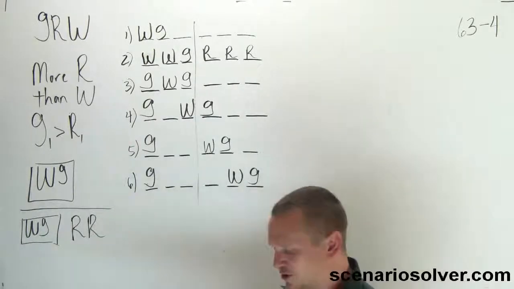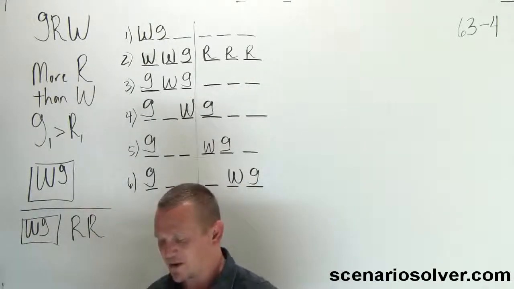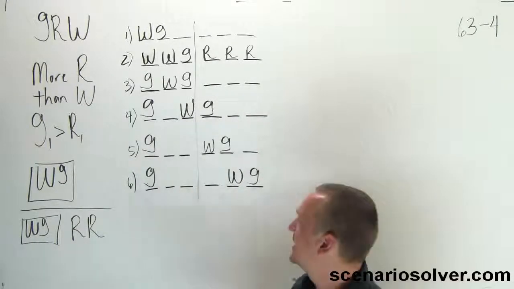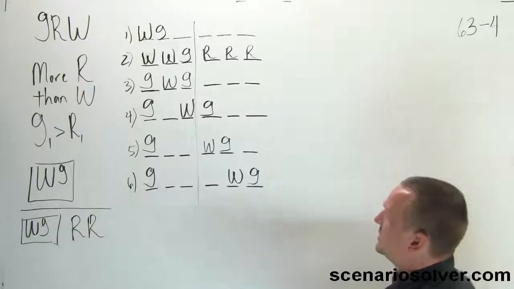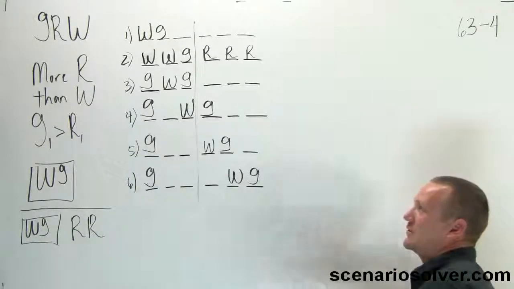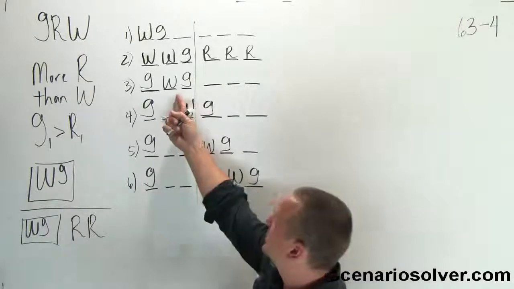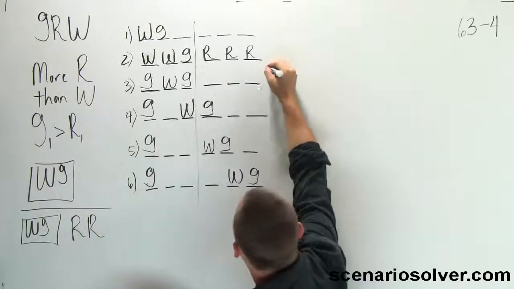Okay, let's go to the questions. If there are exactly 2 white balls, then which one of the following boxes could contain a green ball? All right, so the question becomes, in what situation can we have 2 white balls? Could we have 2 white balls after this point in time?